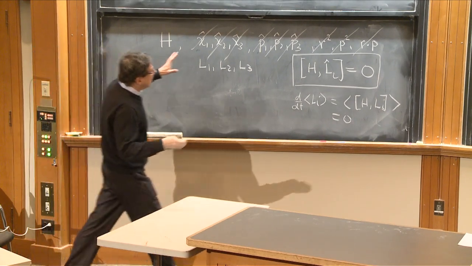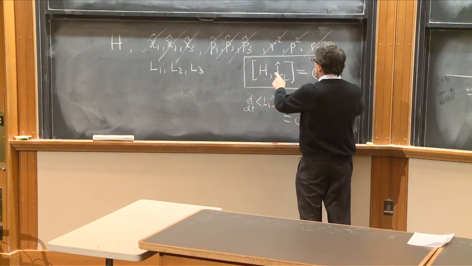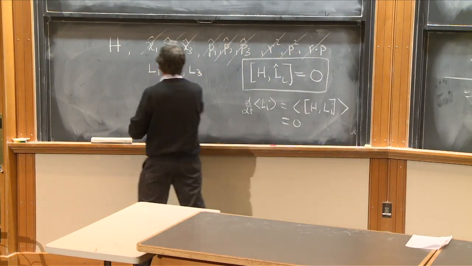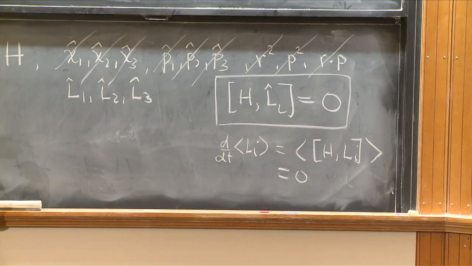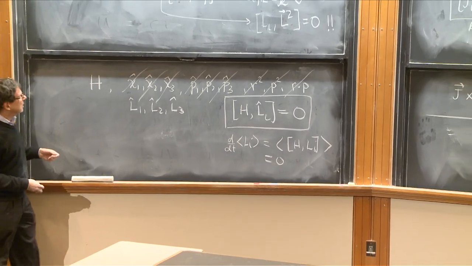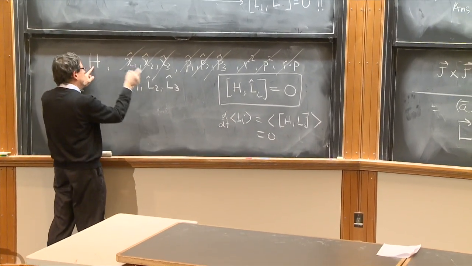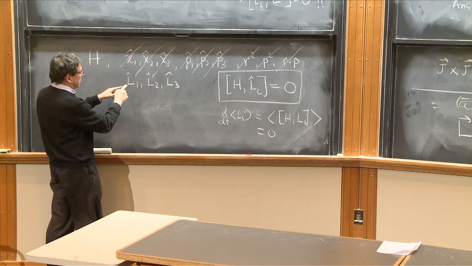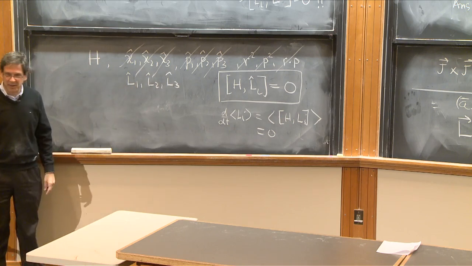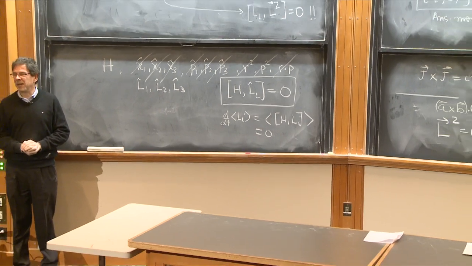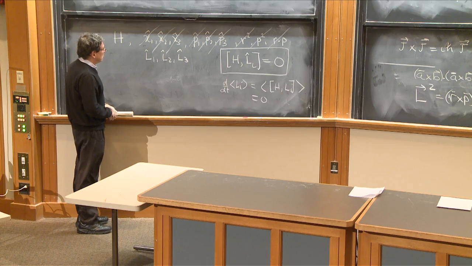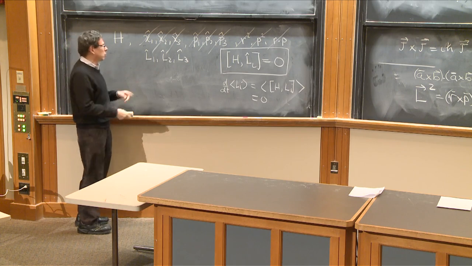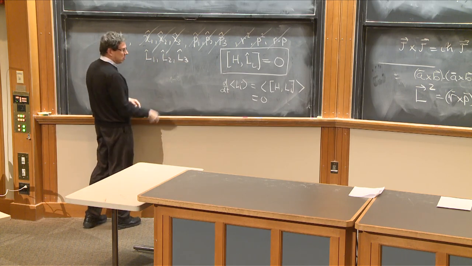Now, this conservation law is great. You could add these operators to the commuting set of observables. But this time, you have a different problem. Yes, this commutes with H, this commutes with H, and this commutes with H, but these ones don't commute with each other. So not quite good enough. You cannot add them all. So let's see how many we can add. We can only add one, because once you have two of them, they don't commute.